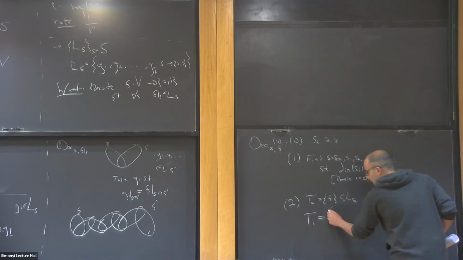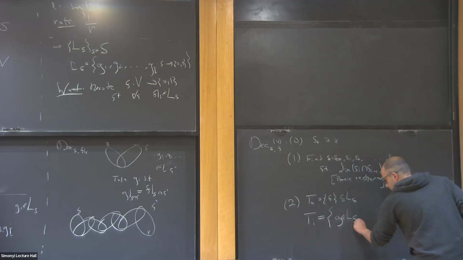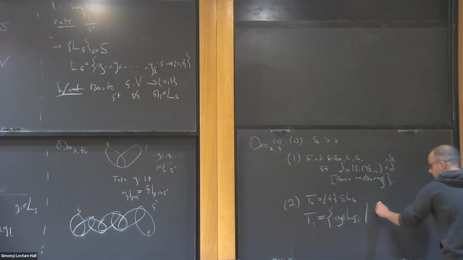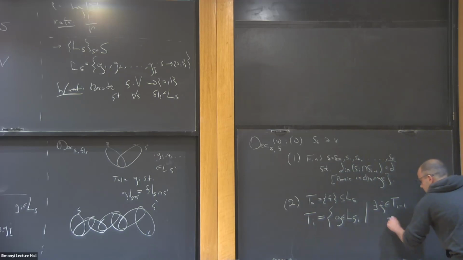So the set T_i contains all elements G in the list of S_i such that there is an element G' in the T_{i-1} list where G' agrees with G on all the neighborhoods of S_i and S_{i-1}.